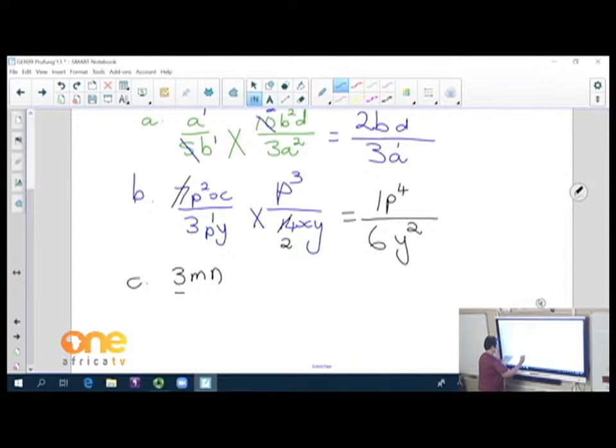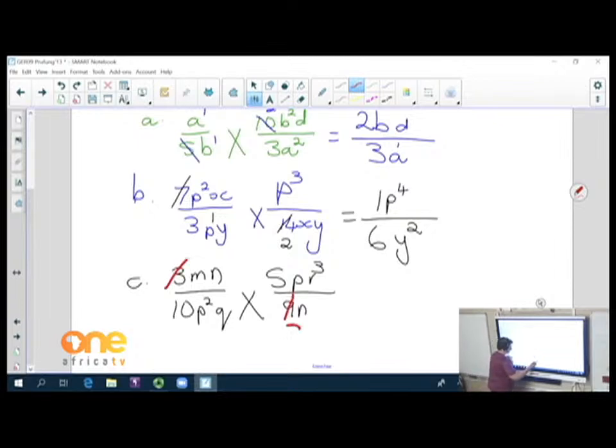The next one, number C: 3mn over 10p squared q. I immediately do that first step to multiply with a reciprocal, and that is then 9n. So now we have to look at what can cancel out. 3 divides into 9 3 times. 5 divides into 10 2 times.